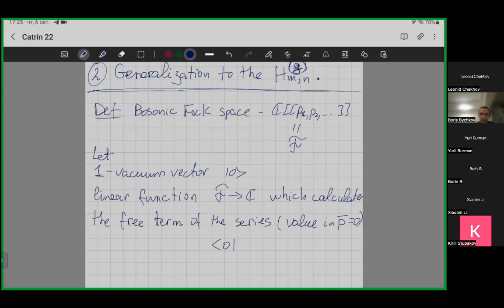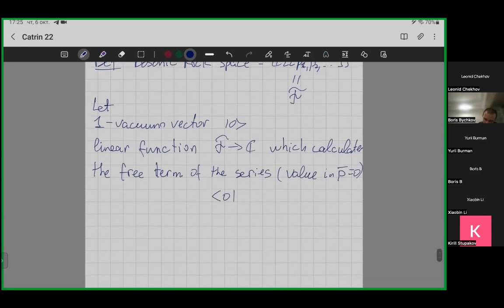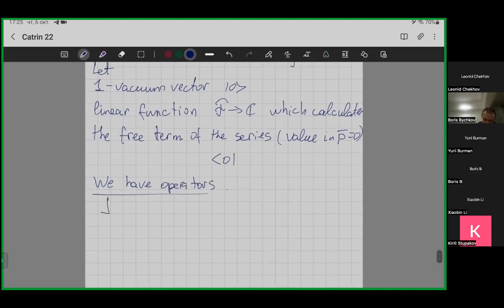And we have operators J_m corresponding to this psi and psi star: m d over dp_m if m is greater than 0, p_{-m} if m is below 0, and 0 if m is 0.